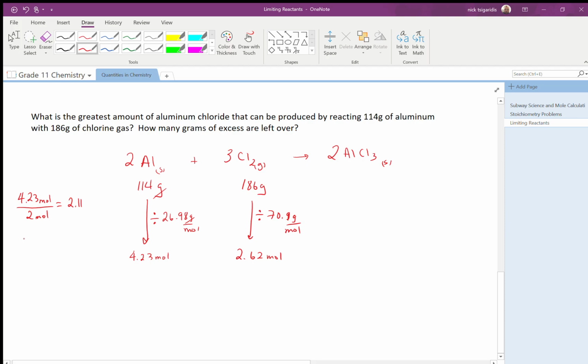So I have the 2.62 moles, and I will divide that by 3, so these all cancel out, and you end up with 0.87. So we know already that this is the limiting reagent and this is the excess reagent here. So I know this one is limiting, this one is in excess.